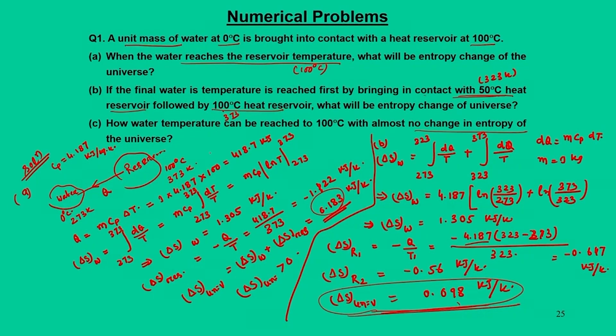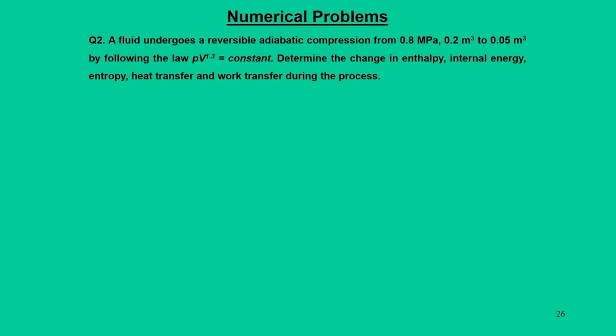The third part of the question asks how the water temperature can be raised to 100 degree centigrade with almost no change in the entropy of the universe. If you make this water be in contact with reservoirs with infinitesimally small changes in temperature, then we can say the water is reversibly heated.